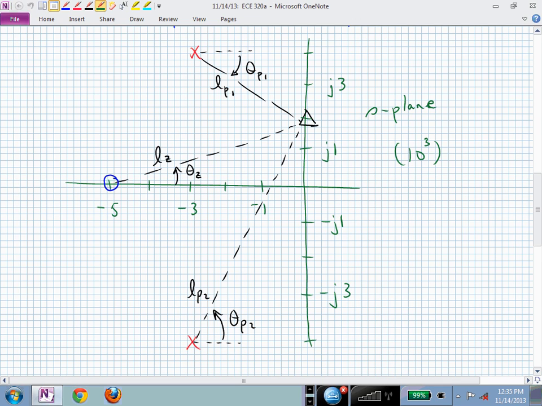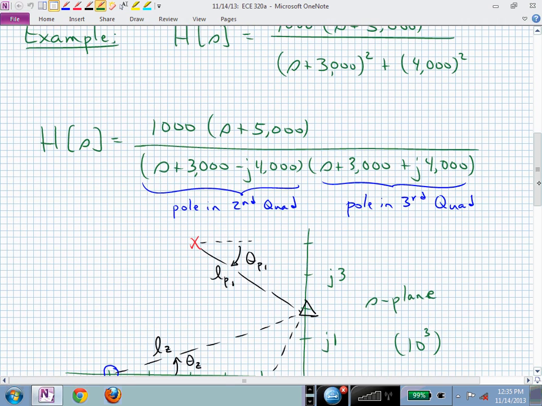If we go back to our transfer function, I'm going to be referring to different pieces of this transfer function. This I would say is my zero factor. This would be, let's say, the pole factor associated with the pole in the second quadrant. And I'll refer to those as factors.